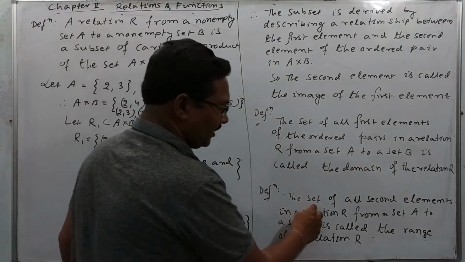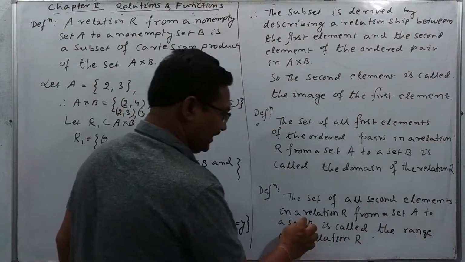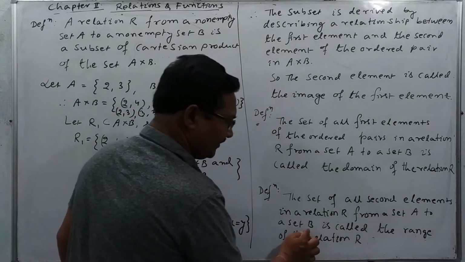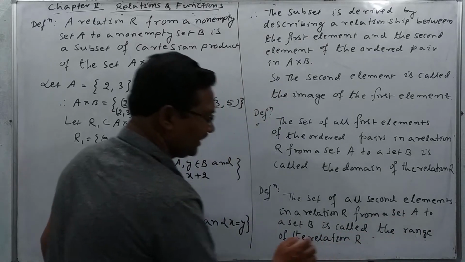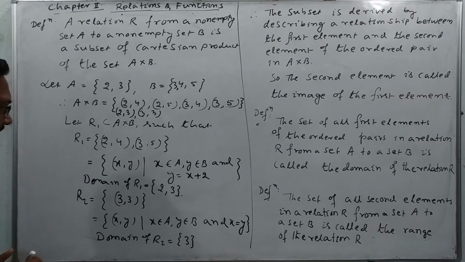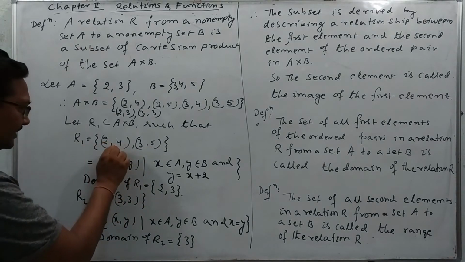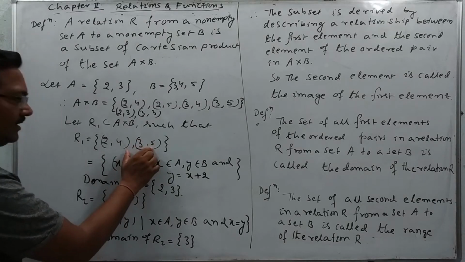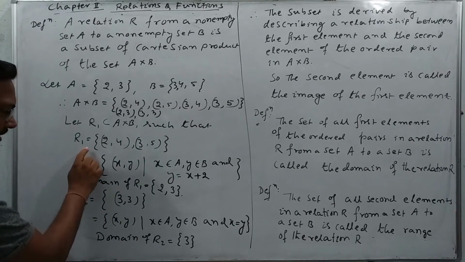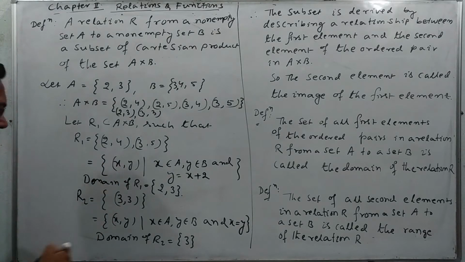The set of all second elements in a relation R from a set A to a set B is called the range of the relation R. The collection of the second components of the ordered pairs of the relation R or R1 is called the range of R1.